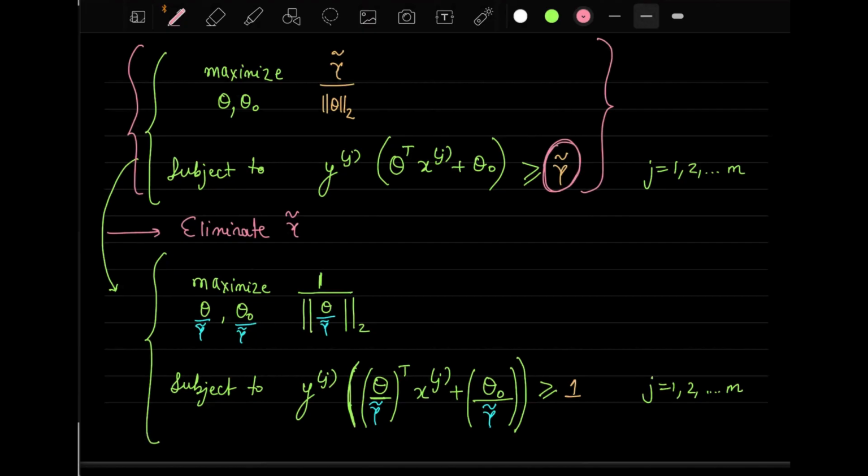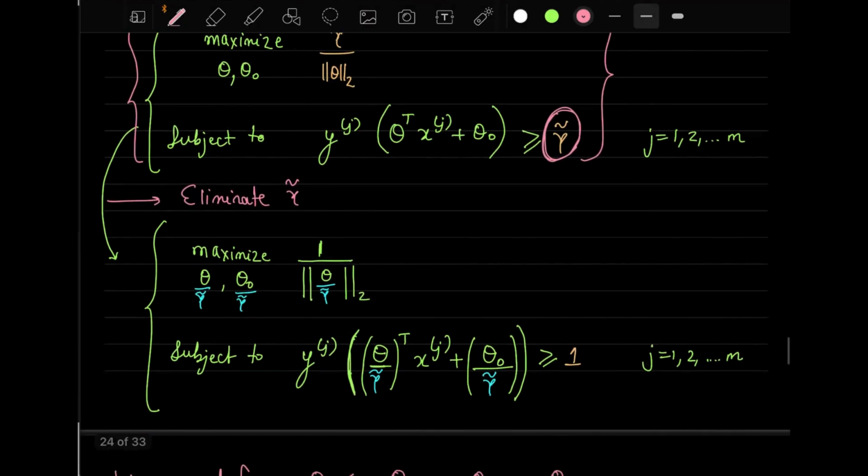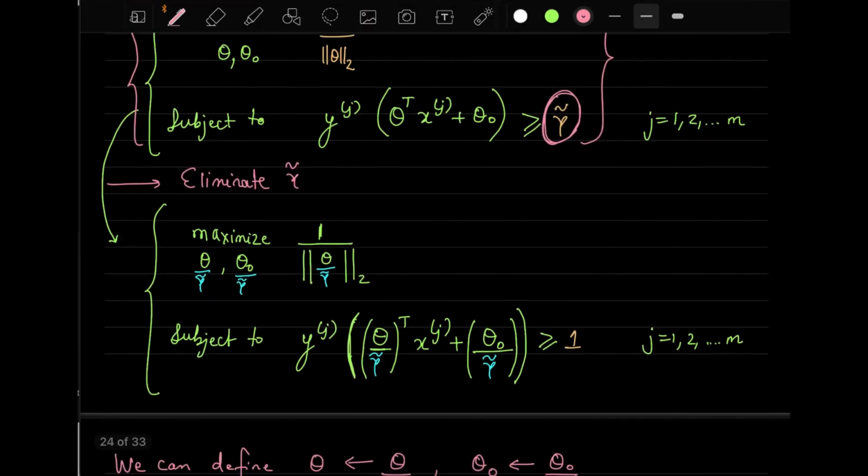We do this type of substitution, as you can see in the blue highlights: we are dividing the values of theta and theta 0 by gamma tilde. You can see this is the modified objective function, along with the constraint which is given over here.